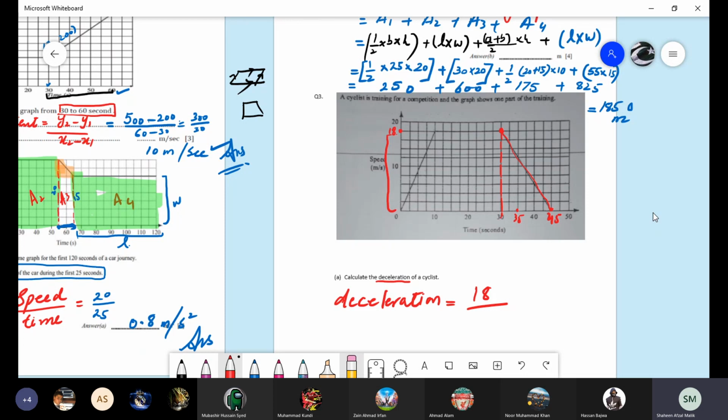So we have to start from this point to this point. What is the distance here? This much distance is 18, and the change in x is 45 minus 30, how much? 15. So divide 18 by 15, what's the answer?